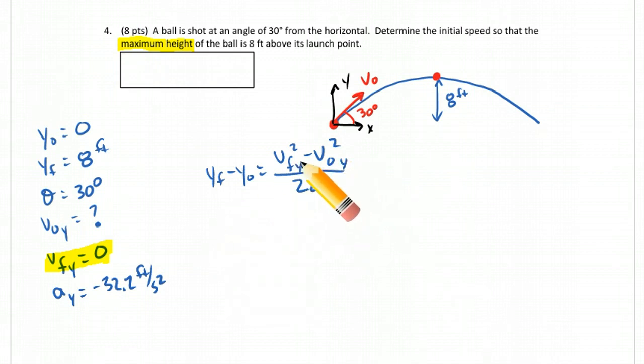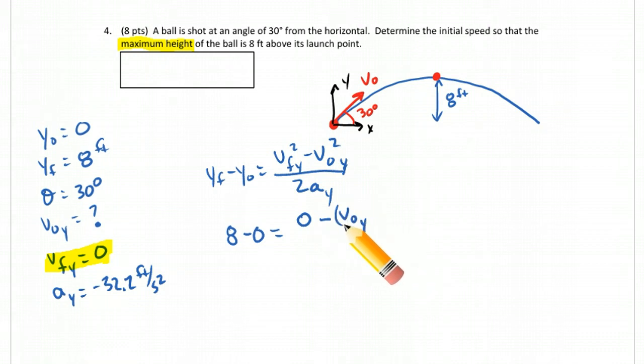And I'll put y's here too, just to remind ourselves that's just the y direction. Okay, so final y is 8, our initial y is 0. Final y velocity is 0. Initial y velocity is what we're trying to find. Over 2 times minus 32.2.